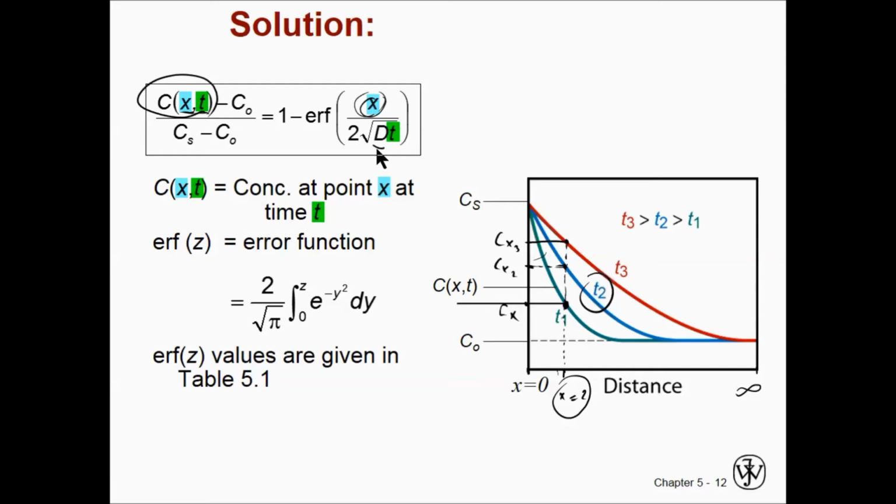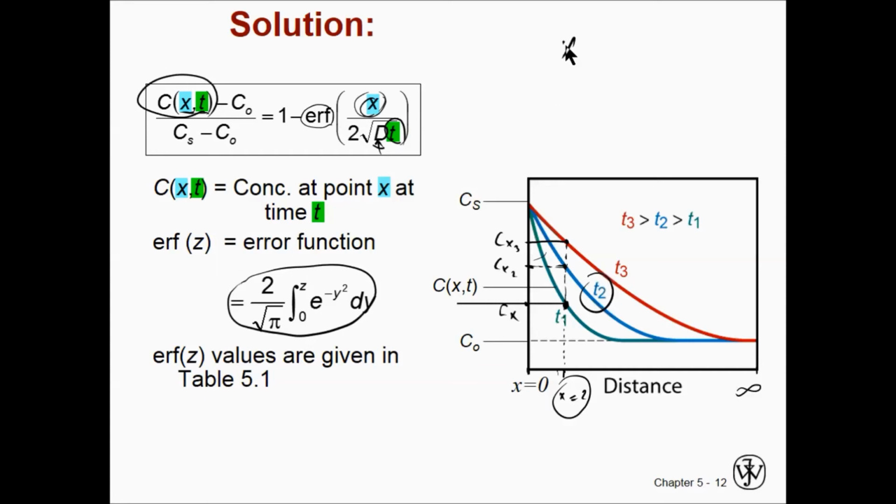Diffusion coefficient, we can read it from the table or calculate it ourselves. It depends on the diffusing species, host metal, and temperature, and that is the time of diffusion. And this one over here is the Gaussian error function, which opens up like this.